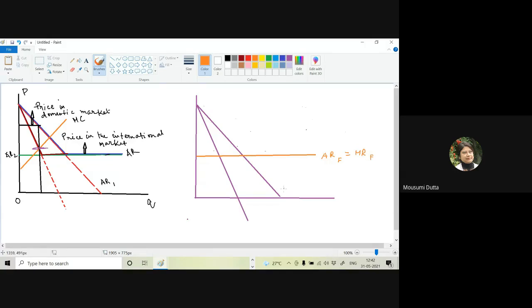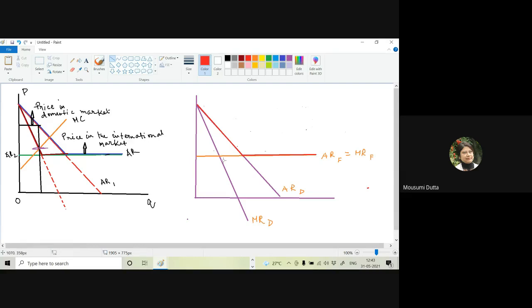This is domestic. Okay. The relevant demand, as I mentioned, will be given by this line, the kinked red line.